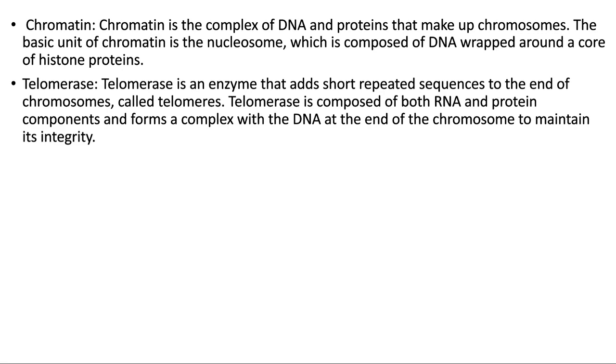For instance, the telomerase is an enzyme that adds short repeated sequences at the end of a chromosome, called telomere. Telomerase is composed of both RNA and protein components, and forms a complex with DNA at the end of the chromosome to maintain its integrity.